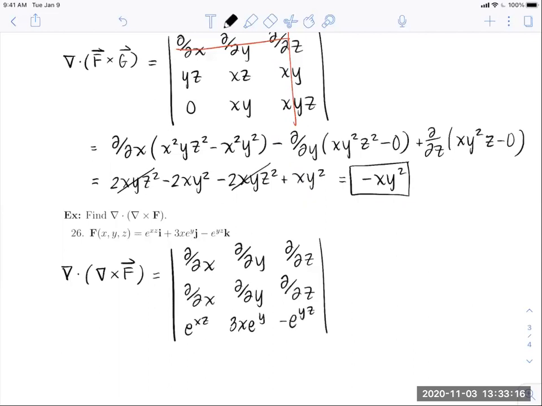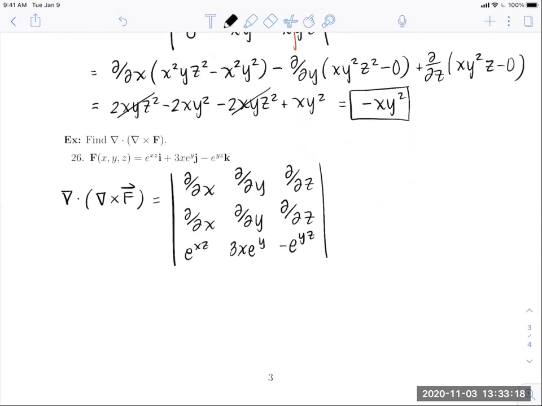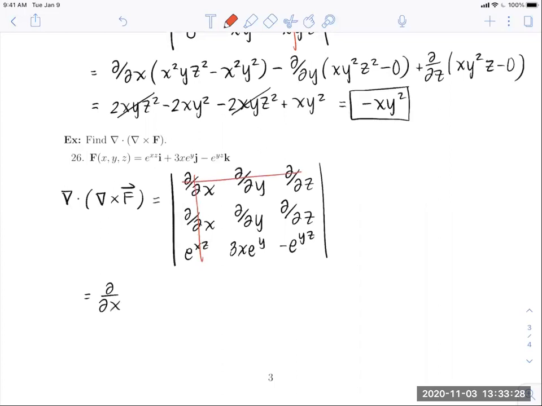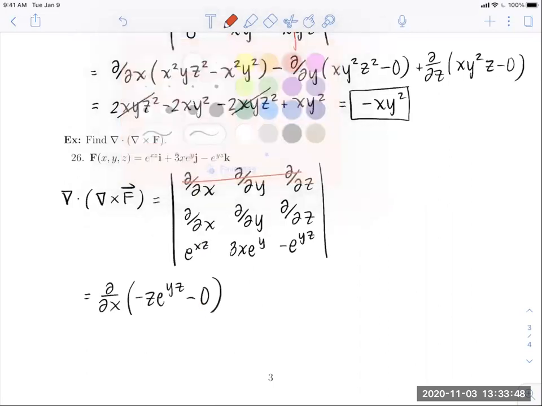All right, so just like what we did in 24, I am going to carefully write out each of these so that I don't try to do everything all at once and make a mistake. So let's strike through the first row and first column. And so that's going to give me, if I take the partial of negative e to the yz with respect to y, I'm going to kick out a z. And then minus 0, since there are no z's in the other term. Now let's strike through the next column.